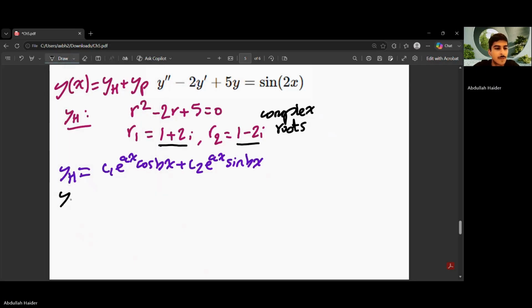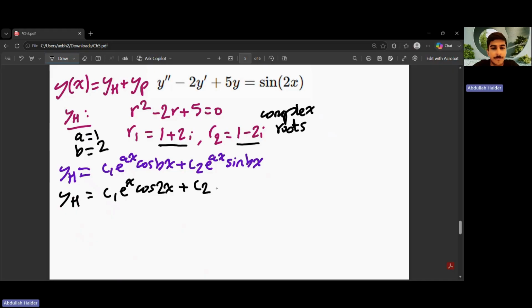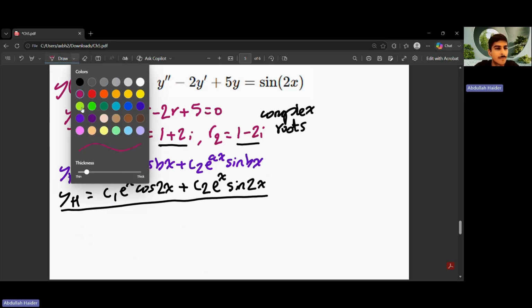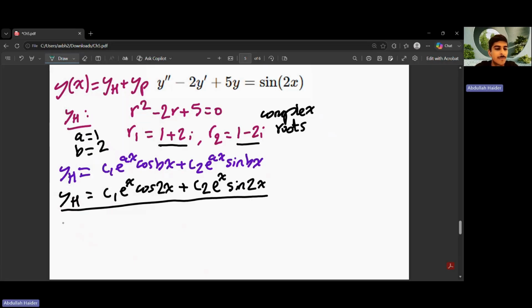Now we have a real part here, so a equals 1. B is going to be the positive coefficient of the imaginary part, which is 2. So c1 e power x cosine 2x plus c2 e power x sine 2x. This is our homogeneous solution, and now we will find the particular solution.